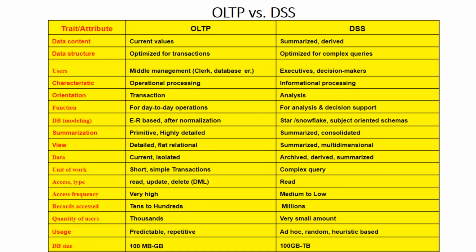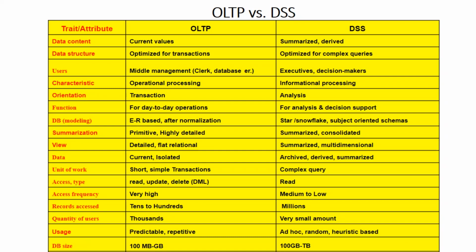Data content: OLTP has current values, while here it is summarized. See, the data structure is optimized for transactions, but in this it is optimized for complex queries. Usage is predictive. See, there are so many differences. If I say view, OLTP is detailed or flat relational databases, but here you have summarized, and the model of data used is the multi-dimensional model.